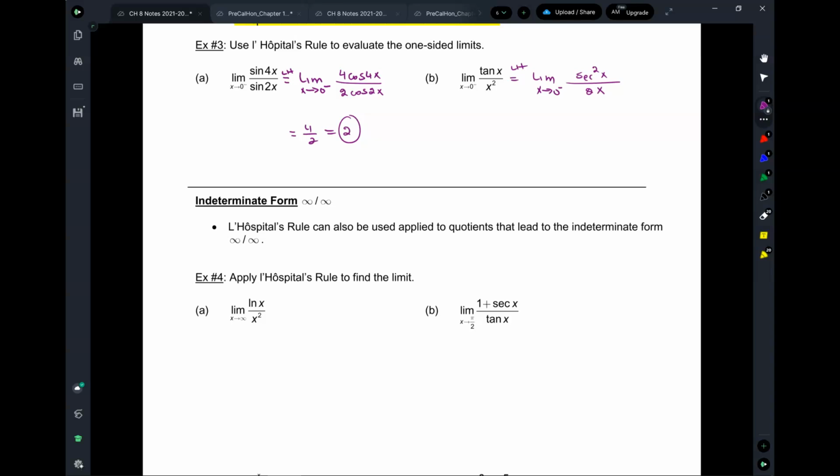Secant is like cosine, so it's 1. So we get 1 over 0, right? Which is DNE. Is it, okay, so what is it, positive or negative infinity? Negative infinity, because it's from the left side of 0.